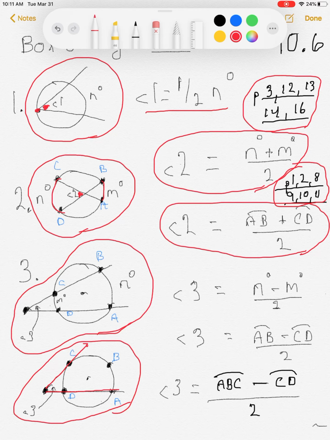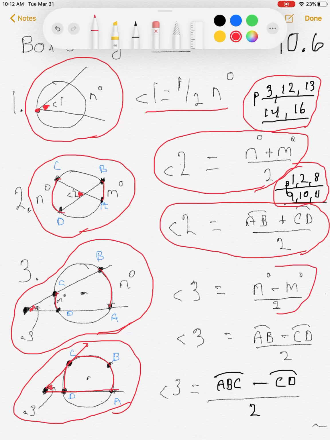To find the measure of the angle in the corner here, angle 3, you're going to take the major arc, subtract the minor arc, and divide by 2. Take the major arc, subtract the minor arc, divide by 2.